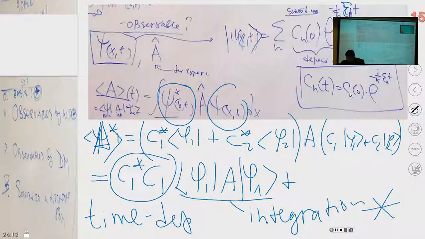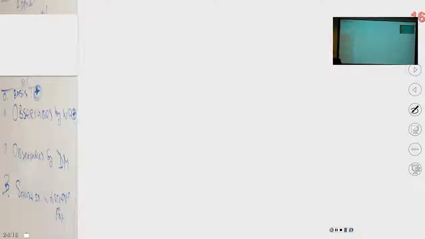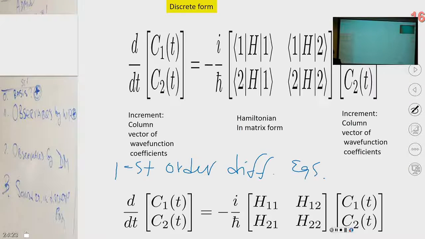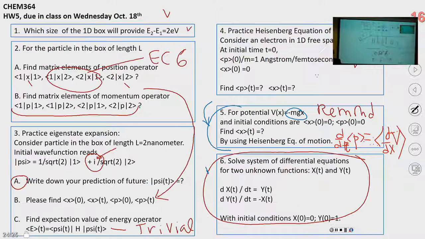I'm going to scroll back to the homework, especially for those who haven't looked at it at all. It will be a great and hopefully positive surprise. So if you look at question number 2, section number 3, here there is an assignment to find observables as a function of time.